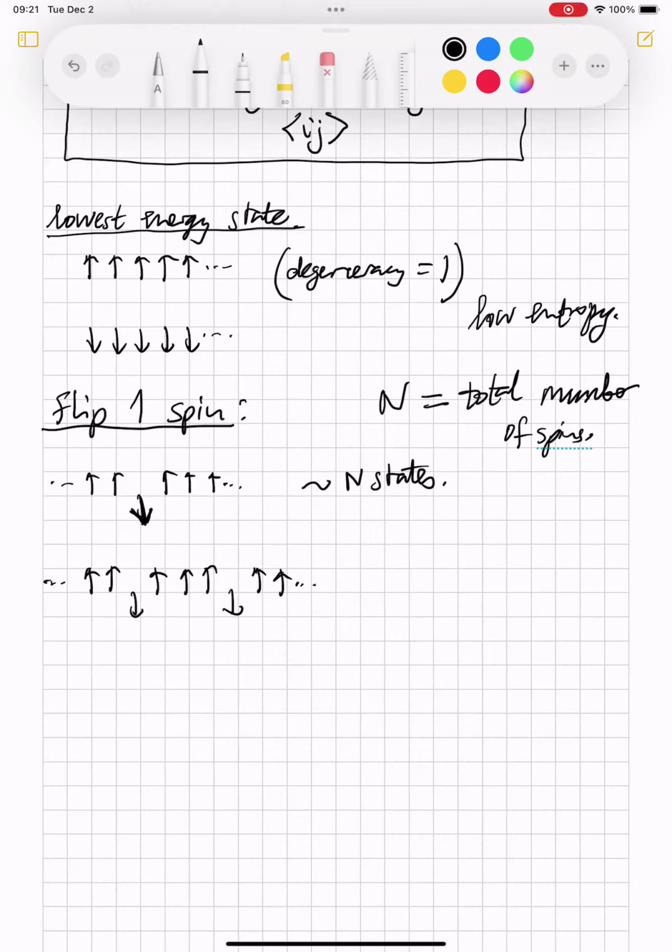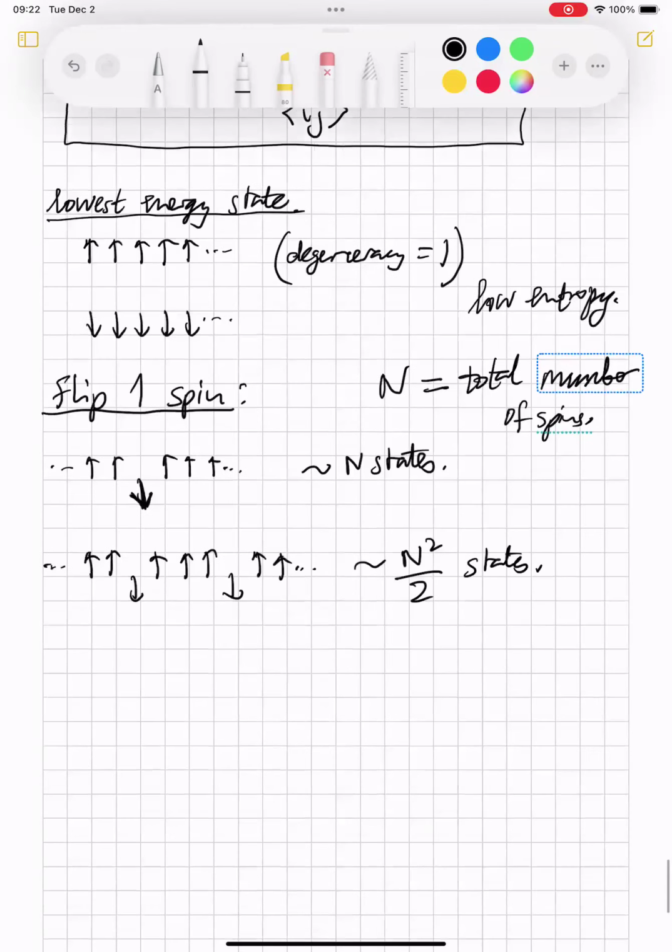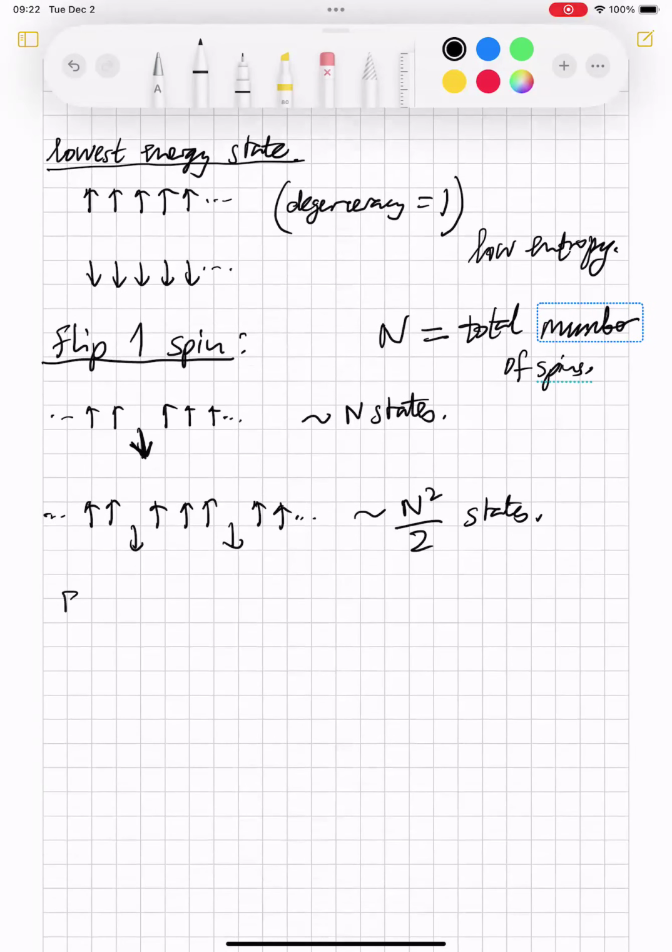Well, go ahead, you check, but I'm telling you, it goes something like n squared over 2 states when n is very, very large. And then we can keep going. If we flip 3 spins, then we'll have something like n to the 3 over 3 factorial states.